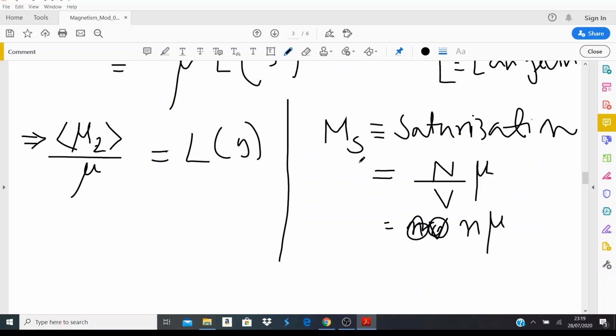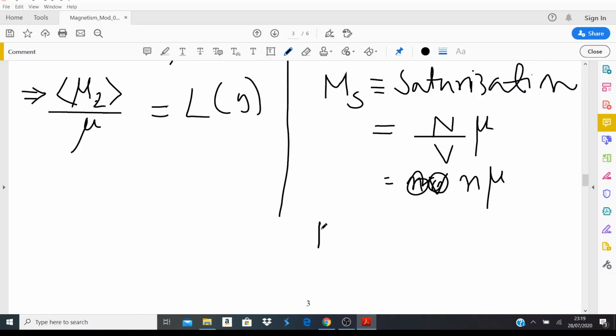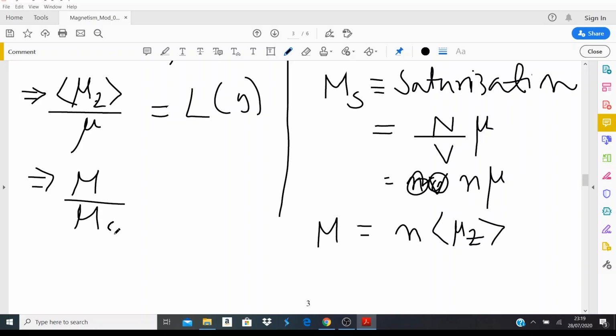That's your saturation magnetization. And what is the magnetization that we often get when the magnetic field is not too high? Then you just get the expectation value of what we have calculated from each of your atoms. So if you look now, the ratio of M and Ms is the same as mu z times B, right? So this is the same as M by Ms.